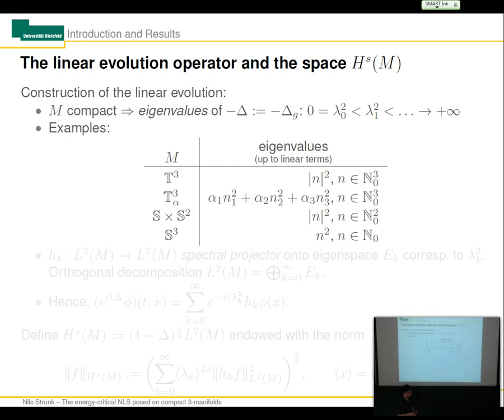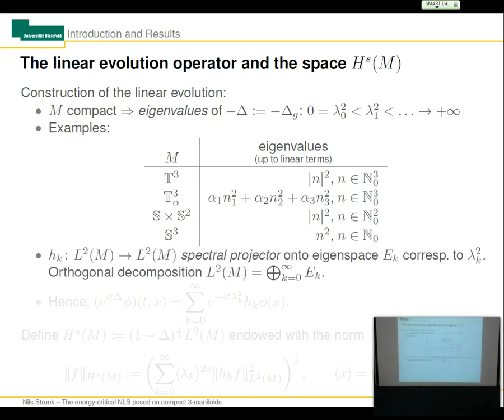In the case S cross S2, the situation is quite similar. We also have the modulus of n squared, but this time n is a 2-dimensional variable only, but it's the same structure. On the 3-dimensional sphere, it's almost the same. It's n squared, where n is just a positive integer. So they have some kind of similar structure of the eigenvalues.